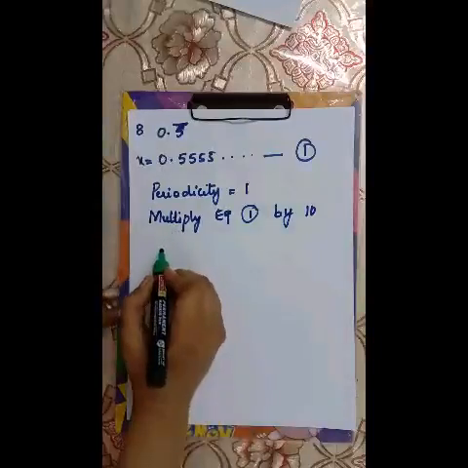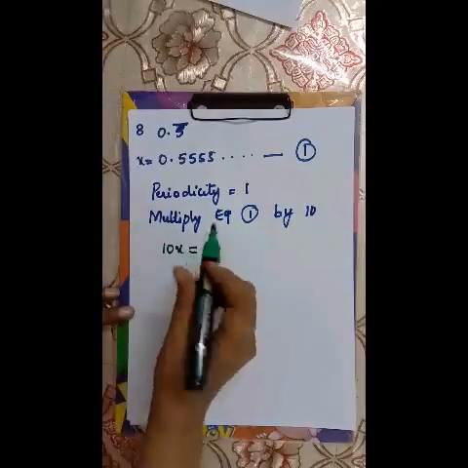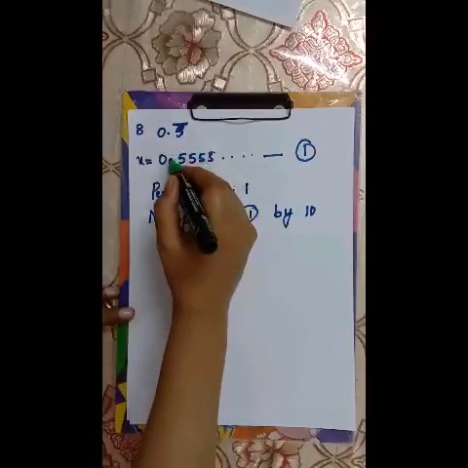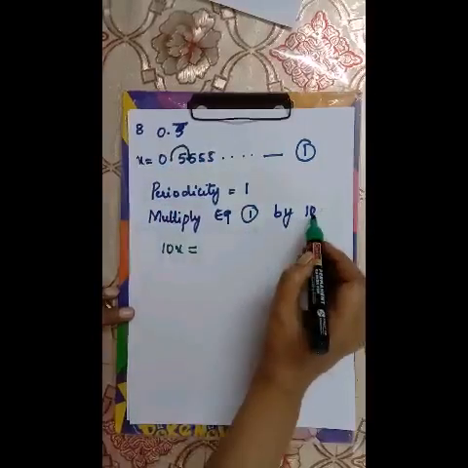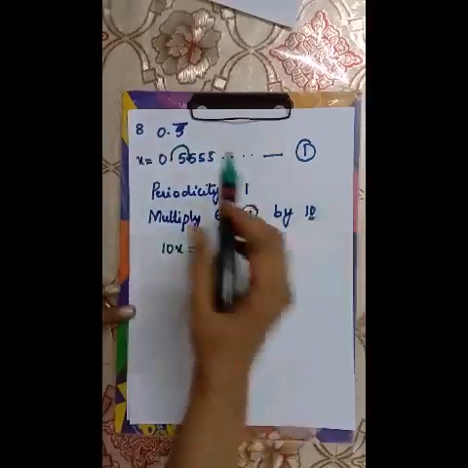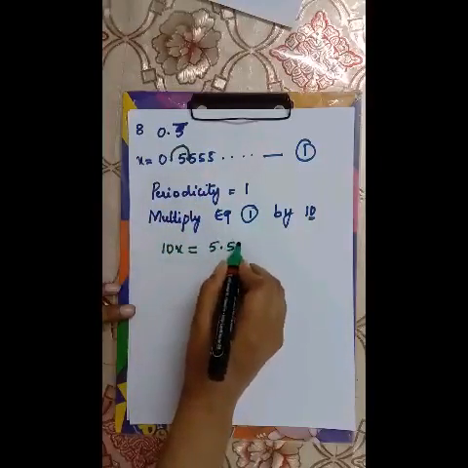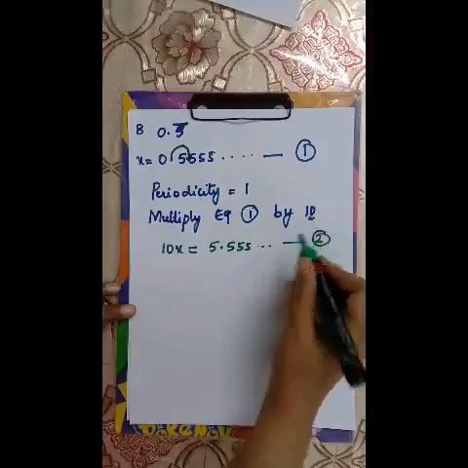X into 10 is 10x is equals to, when I am multiplying 0.555 with 10, the decimal point shifts by one digit, that is 5.555 and so on. I am going to take this as equation 2.